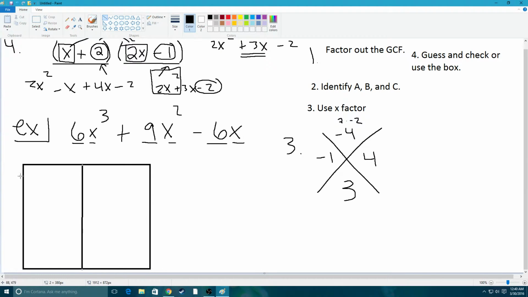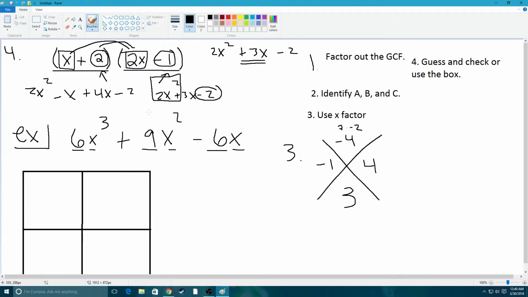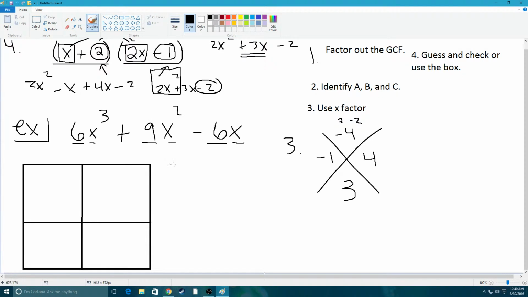And what you do is you put these existing terms into certain places. So the first thing would be like the very first term of our equation. And remember, our equation was 2x squared plus 3x minus 2.